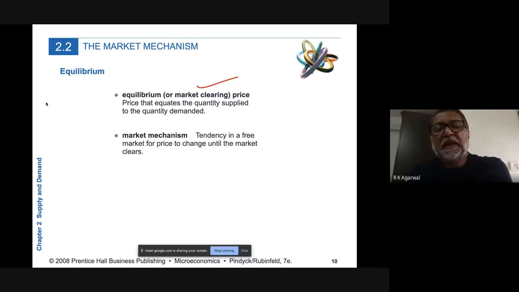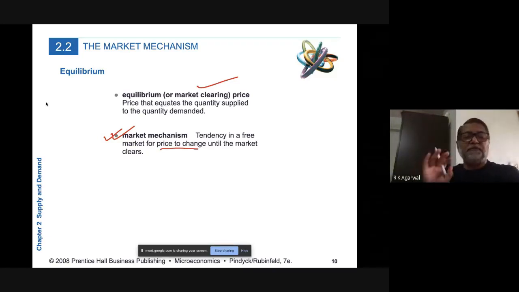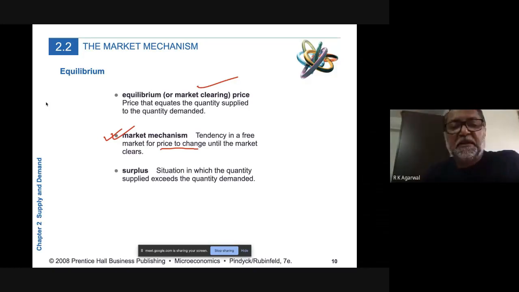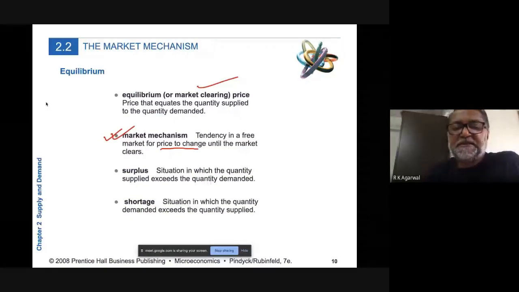Then market mechanism is a tendency in a free market for prices to change until the market clears. So market mechanism presumes that price can change. But if you do not allow prices to change, then the market mechanism will fail. Then third, surplus refers to a situation in which supply is more than demand, and shortage refers to a situation where demand exceeds supply. I hope this is pretty clear.